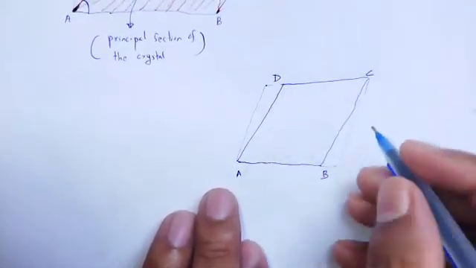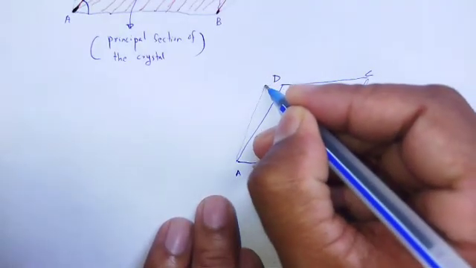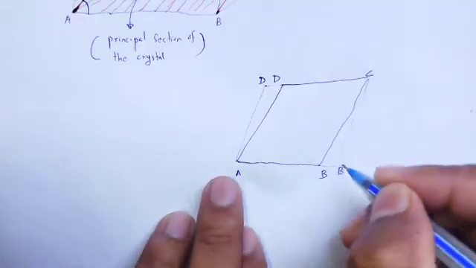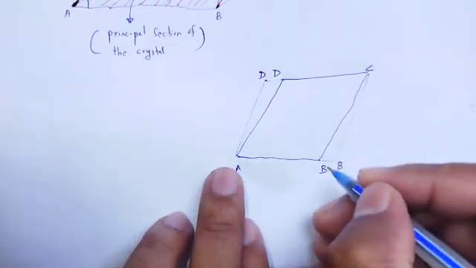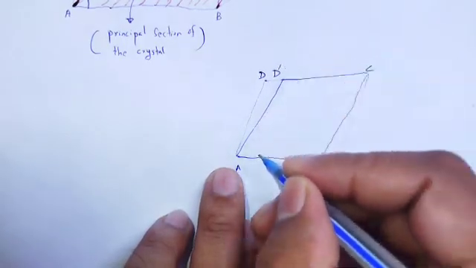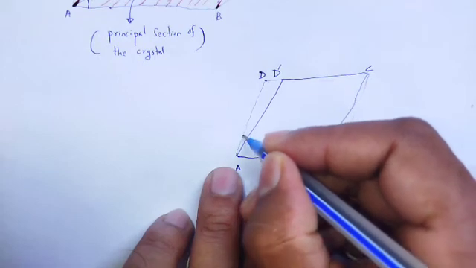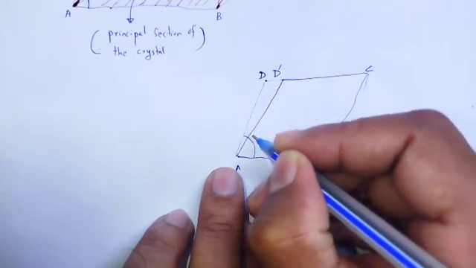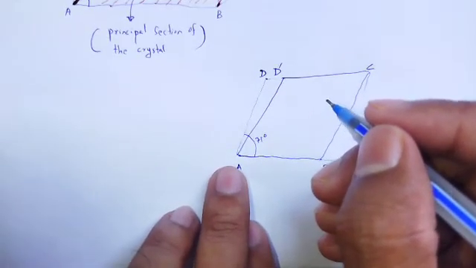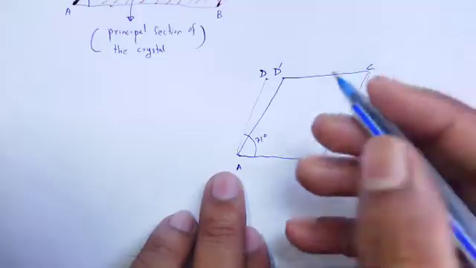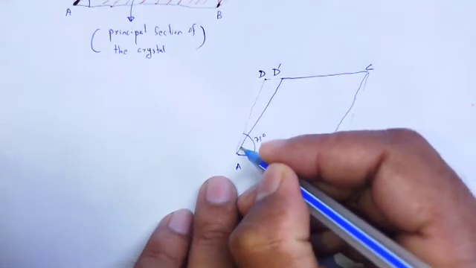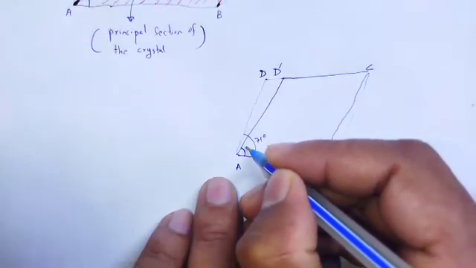This is the original one. D point is there, B point is there, A, B, C, D, that is the original one. Here it is changed to B dash and D dash. As this angle here was 71 degree, it is reduced to this angle as 68 degree.